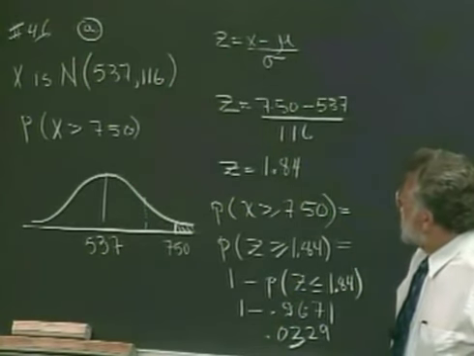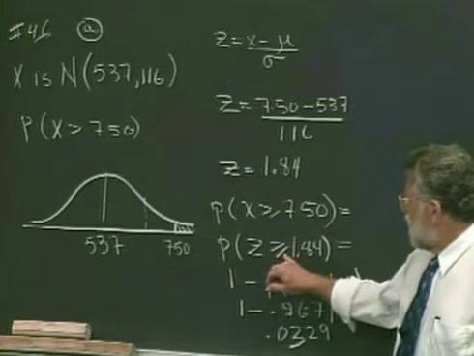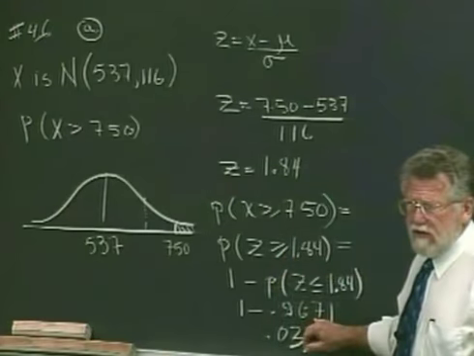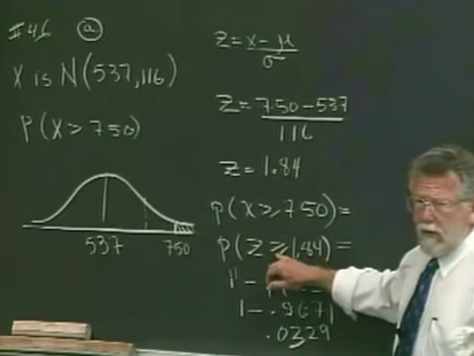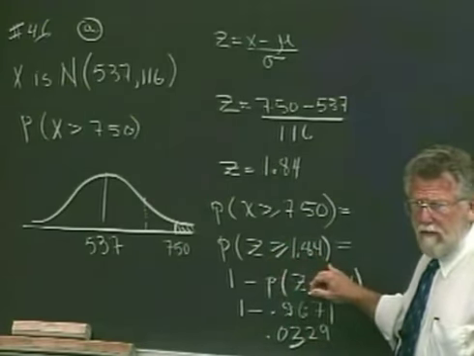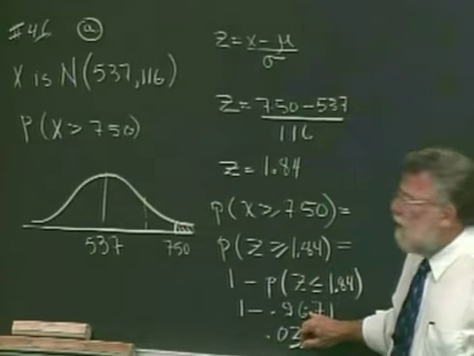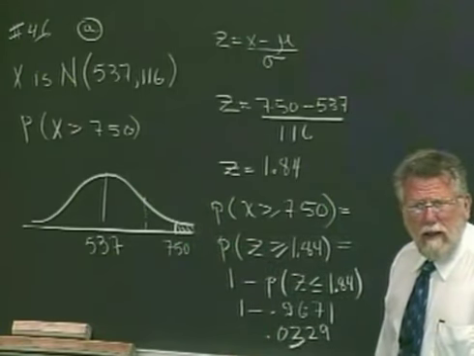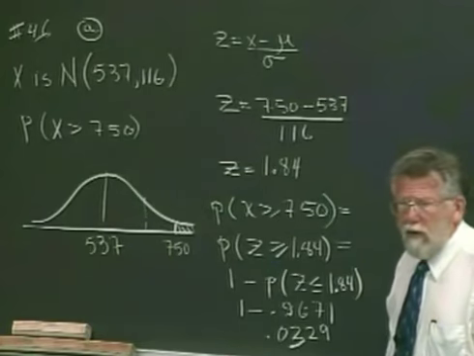Now, the place where some of you messed up, you tried to tell me that this right here was equal to 0.9671. Again, you're telling me the probability to the right of 1.84 is equal to something around 97%. But if you look at your diagram, clearly it has to be smaller than that. You must be more critical of what you are writing.